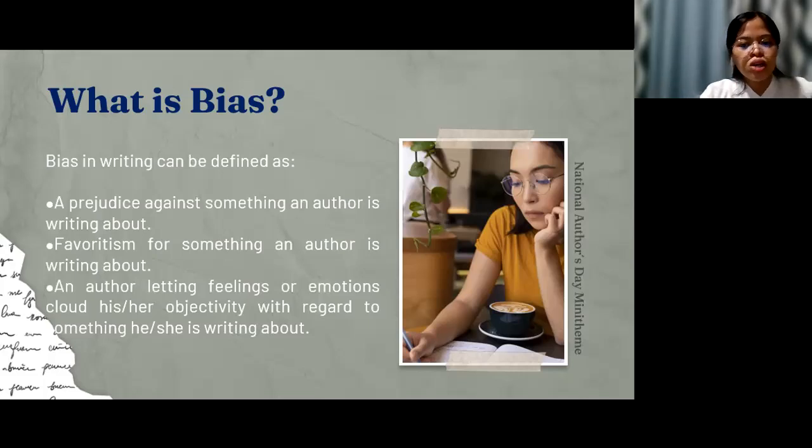Because the author is becoming so subjective, she is including her personal experiences, her feelings or emotions, and even her opinions in writing a certain topic. And of course, as a writer, later on, we will discuss how we are going to avoid these biases in writing.